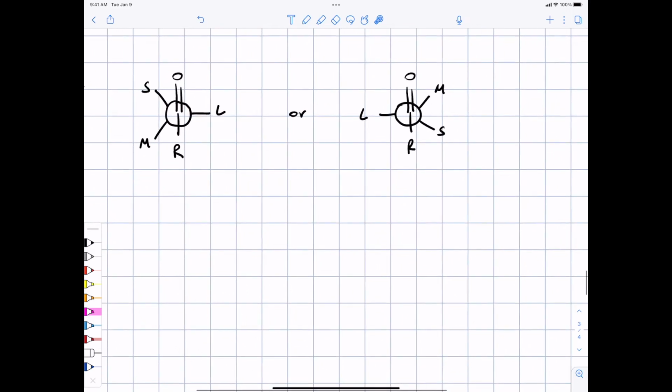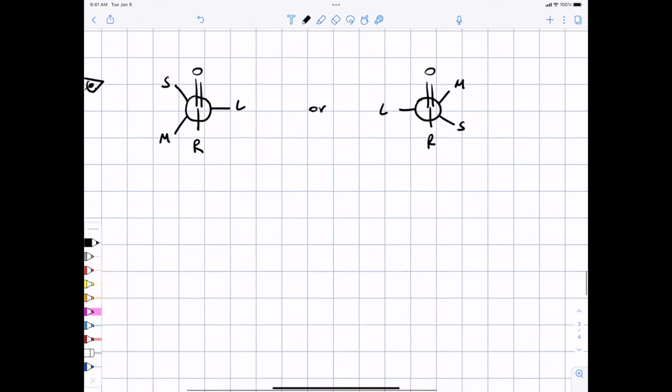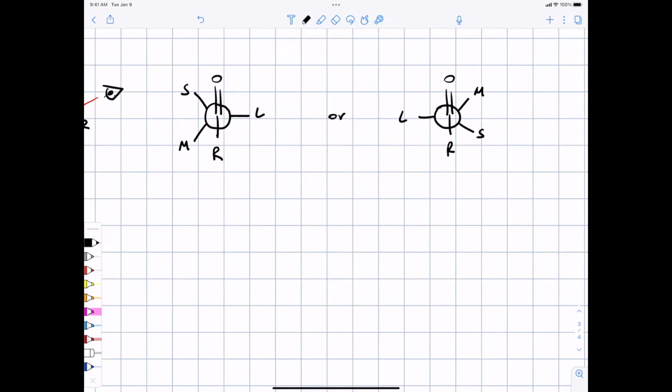Now, you can see then that the left-hand side face and the right-hand side face of the carbonyl are different. If the nucleophile approaches the left-hand side face, it's going to see the small group up top and the medium group on the bottom, opposite if it approaches from the other side.